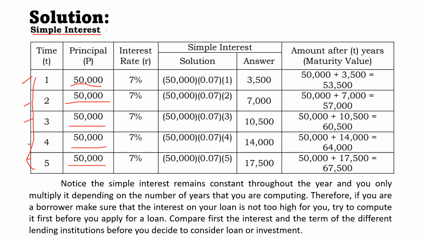The rate of interest here is 7%, still 7% up to the last payment. As you can see on the solution on how we find the interest, your principal did not change. Whatever your principal from the first term up to the last term, it is still 50,000 pesos.